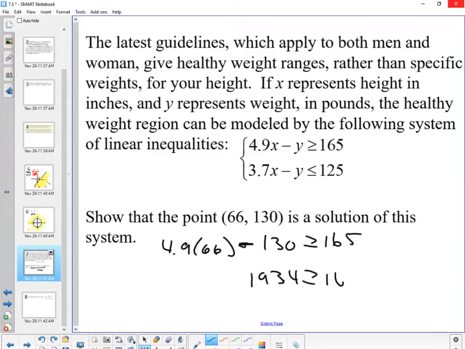Is that true? Yeah, so it works here. And then we check the other one, plugging in the x and y. Yeah, now it should work. It says show that the point is a solution, so all they really want is to show the work. I don't really need to go through the detail on that. Well, it's true anyway.